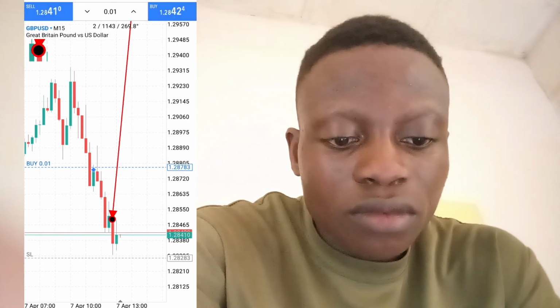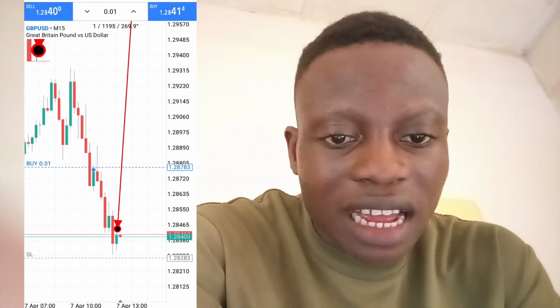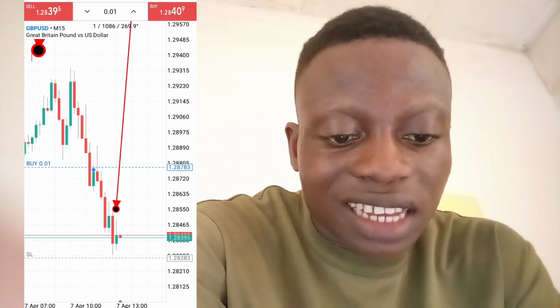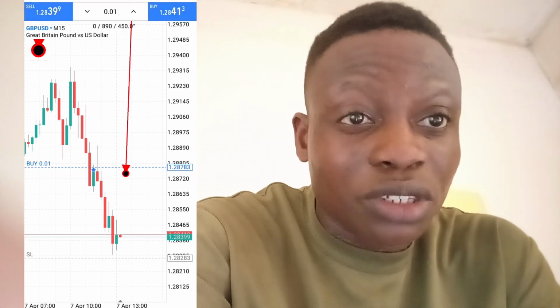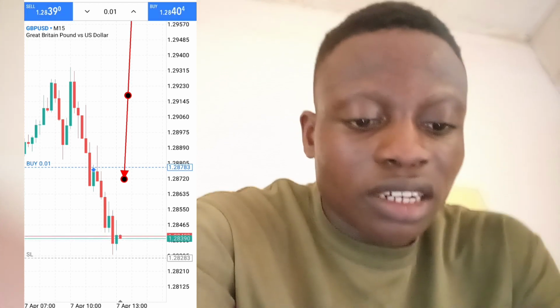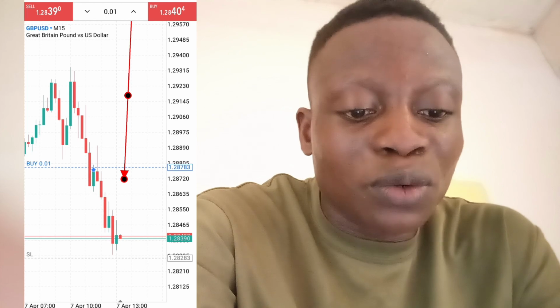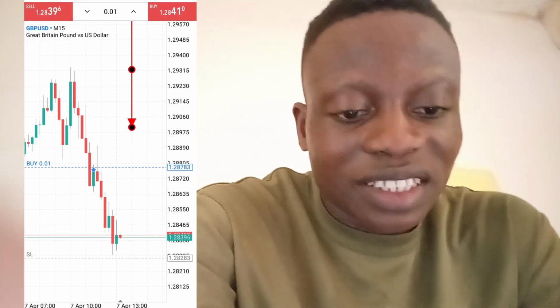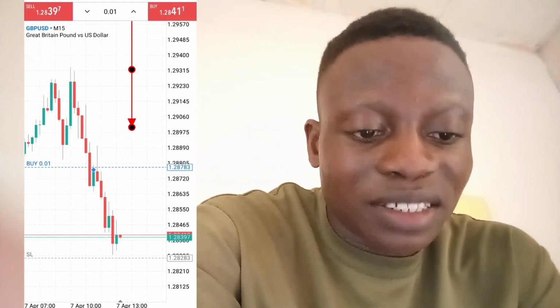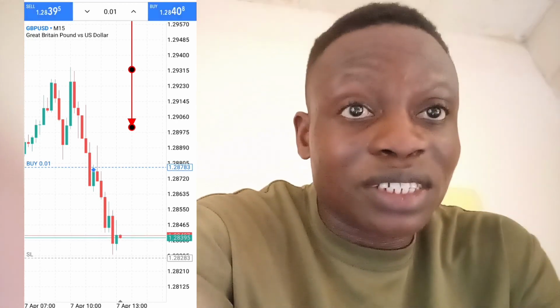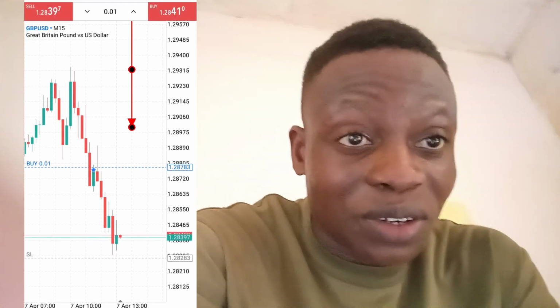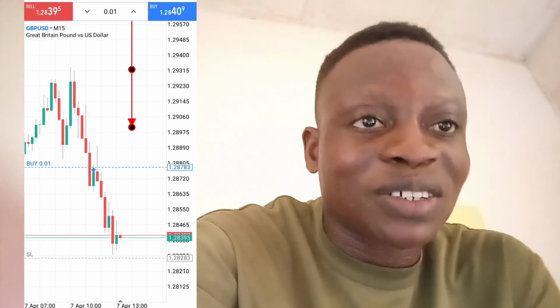But if this 15-minute candlestick had engulfed this one, I would have entered another position with 0.01 again. But okay, let's see if God will do a miracle for us. Let's still wait and see. However it ends, whether in loss or profit, you are going to see.